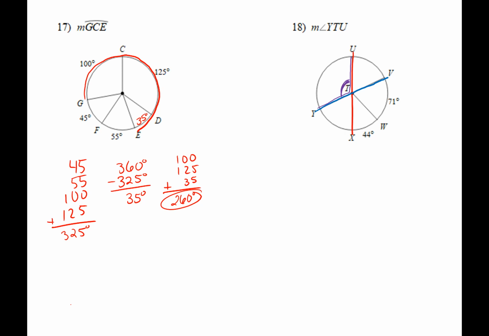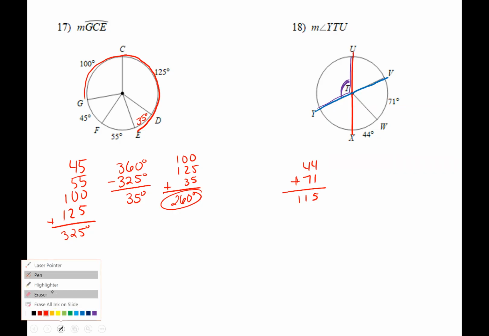If I split my circle using the red line, I'm going to use some red colors here. Red, I can add 44 plus 71, and I get 115.